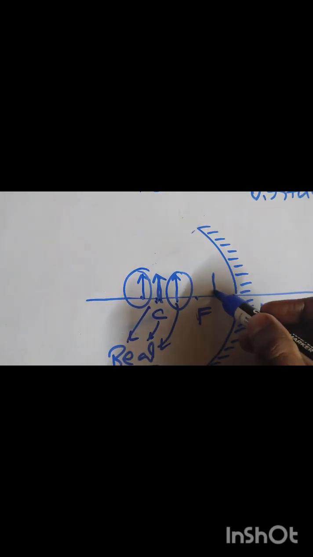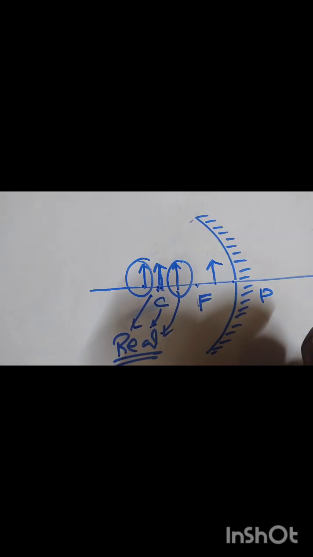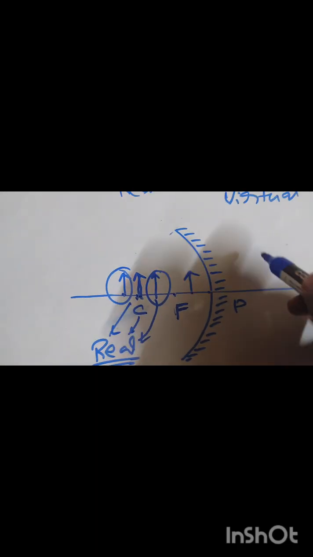If the object is standing at C, then the concave mirror will also produce a real image. If the object is standing between C and F, then also the concave mirror will produce a real image. But what if the object is standing between focus and pole?